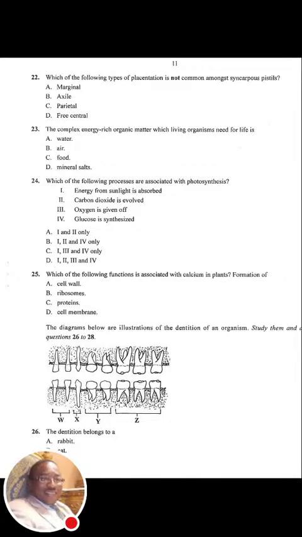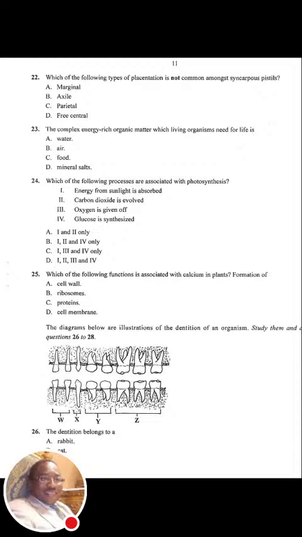This is the dental formula of man: 2 incisors up, 2 incisors down, 1 canine up, 1 canine down, 2 premolars up, 2 premolars down for Y, and then 3 molars up and 3 molars down for Z. If you count the teeth up there, 1, 2, 3, 4, 5, 6, 7, 8. Then the lower one is also 8. 8 plus 8 makes what? 16. This definitely is the dental formula of which organism?